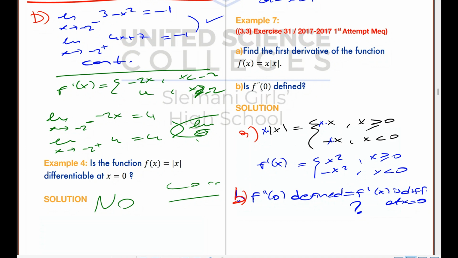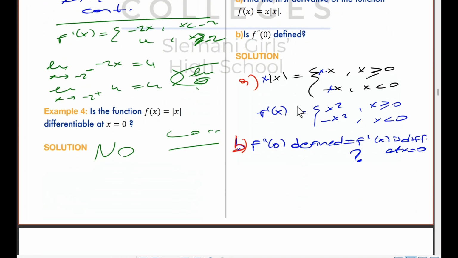So let's remember what to check when we check differentiability. We check continuity first. If continuous, we check the limit of the derivative. First condition, the function is defined. Yes. Second condition, the limit exists. Limit as x approaches 0 from the left, whose function is minus x squared, is 0.